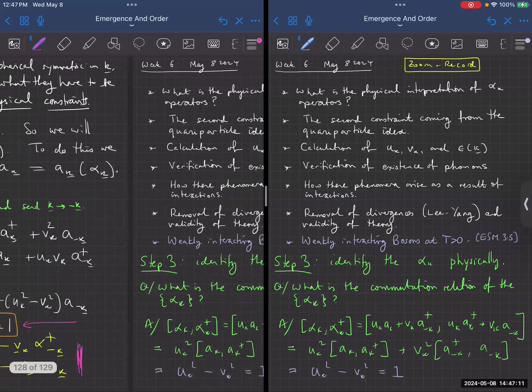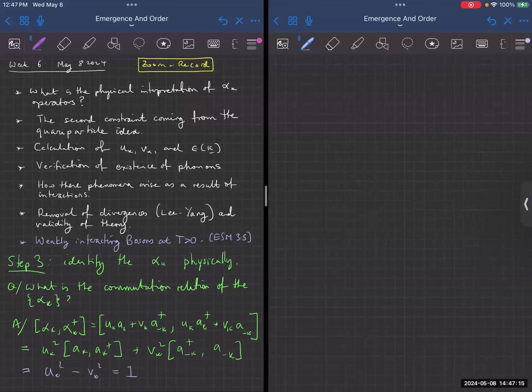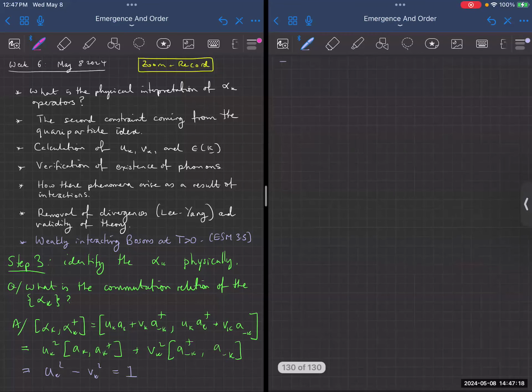So what I've just shown you is that the alphas are bosons. So we represent particles, and we can think of them as being bosons.